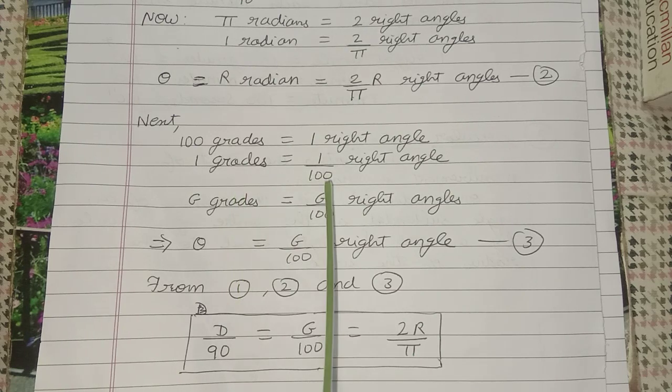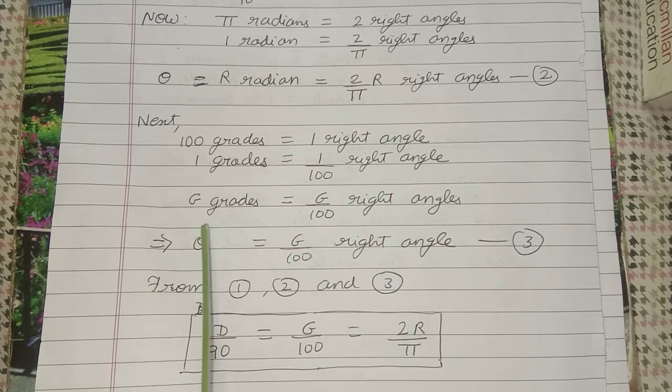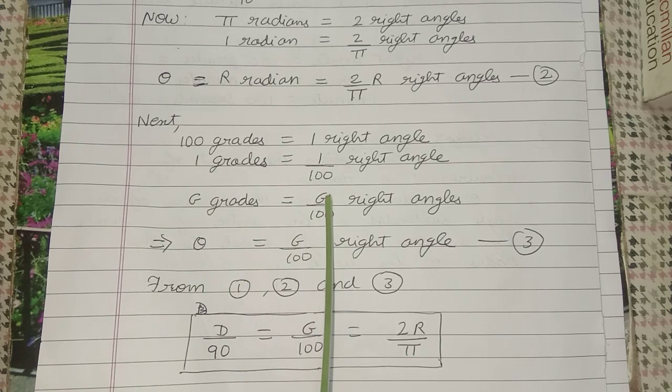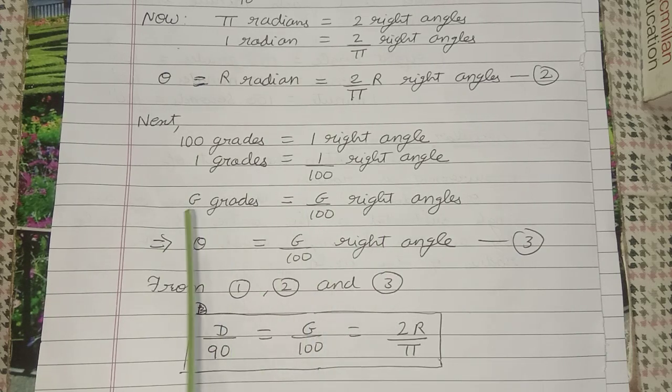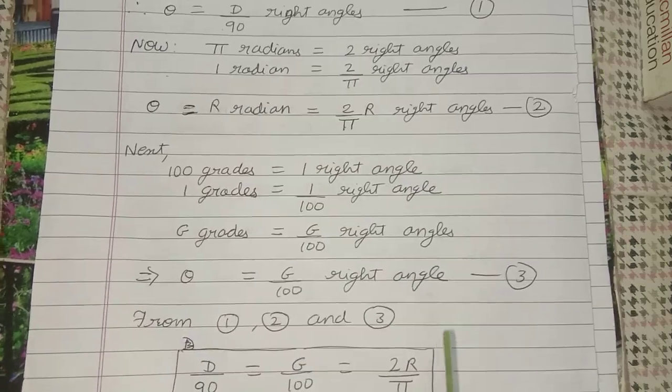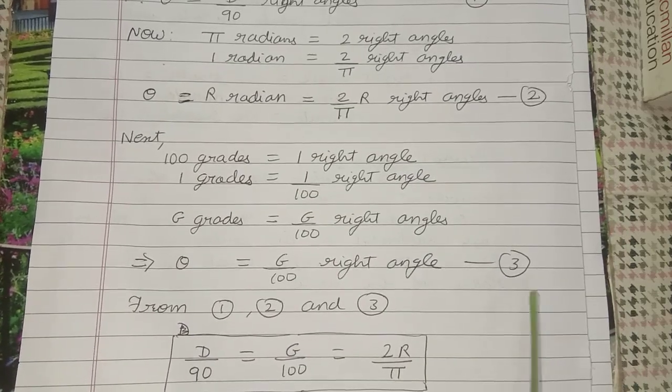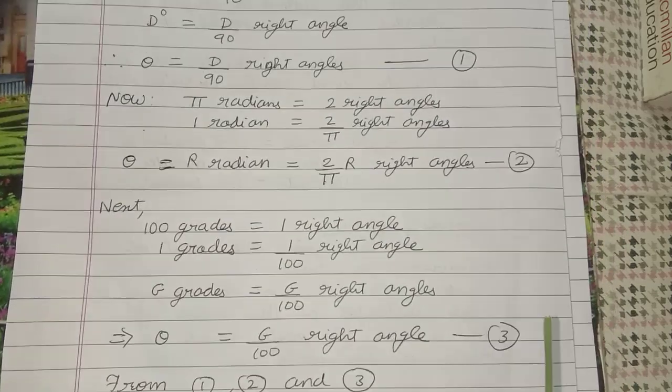So 1 grade is equal to 1 by 100 right angle. Therefore G grades is equal to G by 100 right angle. Again the same theory follows: G is the measure of angle theta. So theta is equal to G by 100 right angle. I will name this as equation number 3.